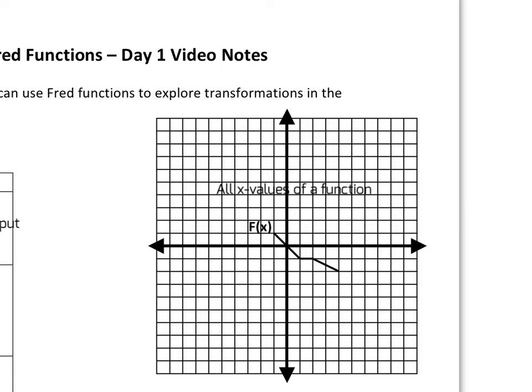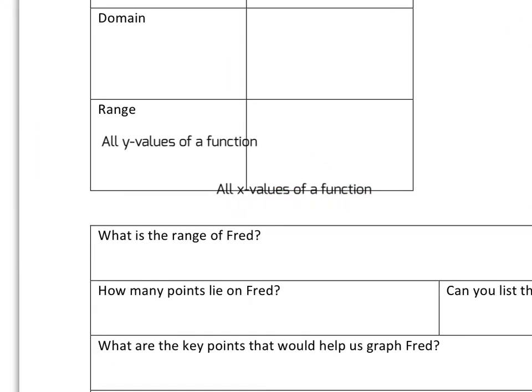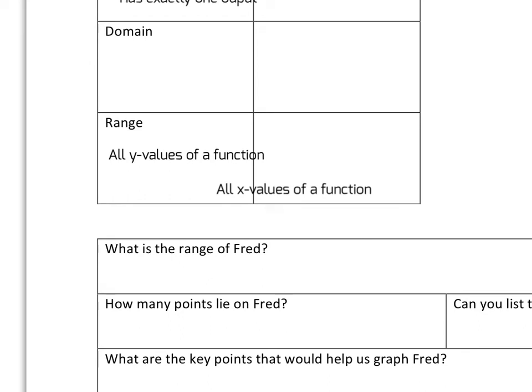So I'm going to go ahead and box in my function. I'm looking for the range. My low point of Fred is down here at -2. My high point of Fred is up here at +1. If we want to write the range of Fred, let's put it in our notes. Sorry, my all x values keep on popping up, so let me get rid of them.